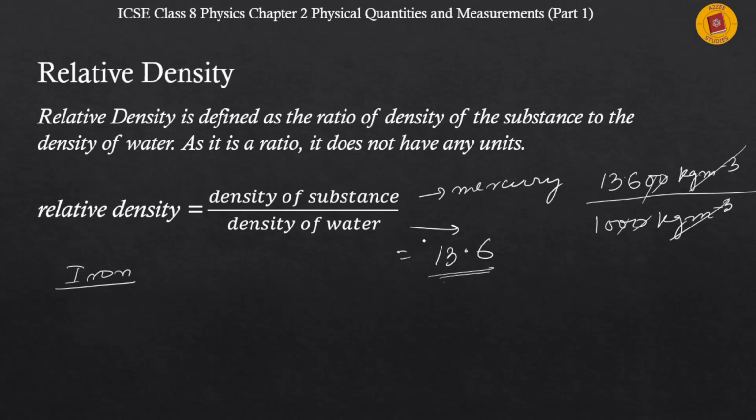The density of water we already know, it's a standard thing. Now how can we measure the density of a liquid? Again, that can be done using a density bottle.